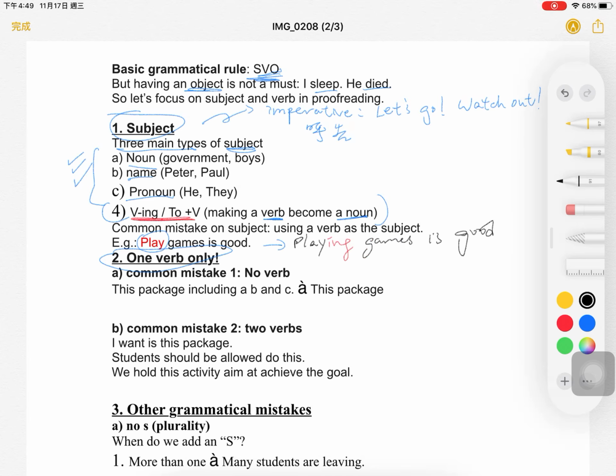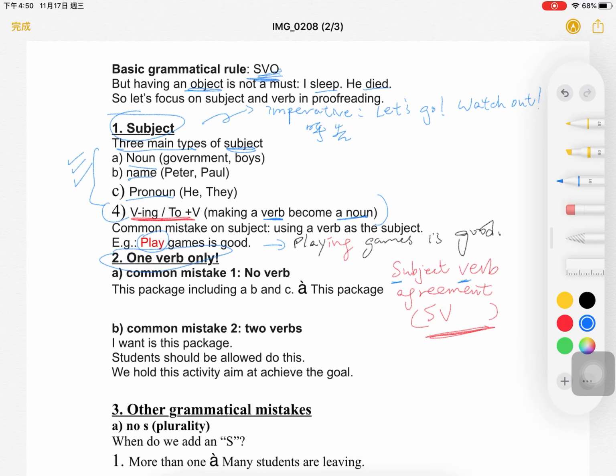And remember, we have another thing called subject-verb agreement. In writing, I write SV, subject-verb, as the symbol.